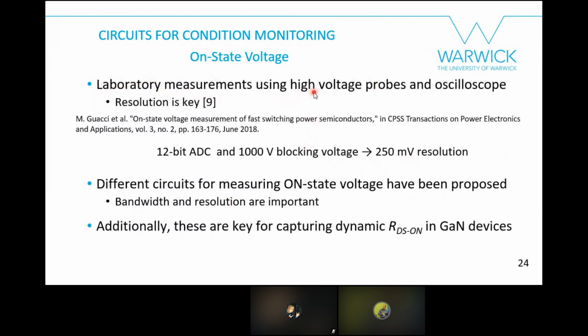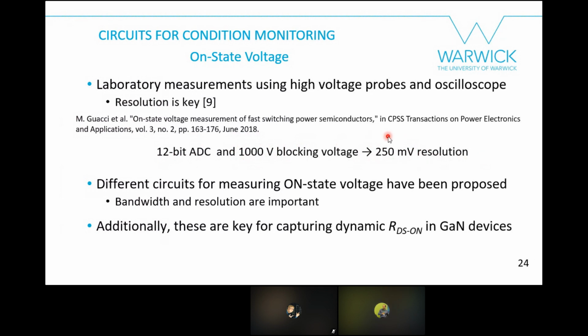Laboratory measurements use high voltage probes and oscilloscopes. And for monitoring the on-state resistance, resolution is key. You can check more details in this paper, and it's an open access paper. Imagine that you have 1,000 volts blocking voltage and your ADC resolution is 12 bits. The resolution for measuring this 1,000 volts is going to be 250 millivolts.